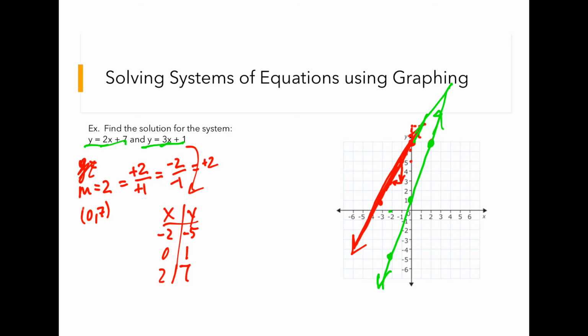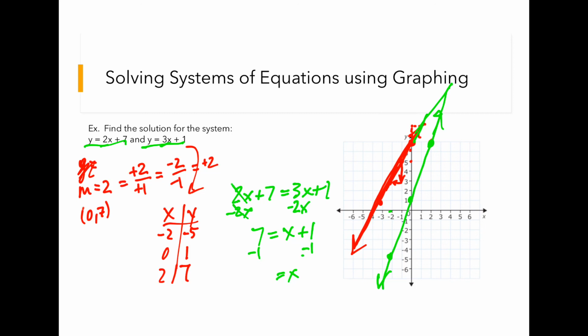If I set them equal to each other, since they're both equal to y, we can set 2x plus 7 equal to 3x plus 1 and find the x value that represents a shared point for them, a shared y output. And getting the x's to one side, this method that I'm using here is the substitution method, which we're going to look at in the next section.